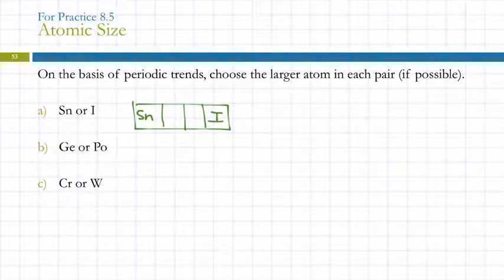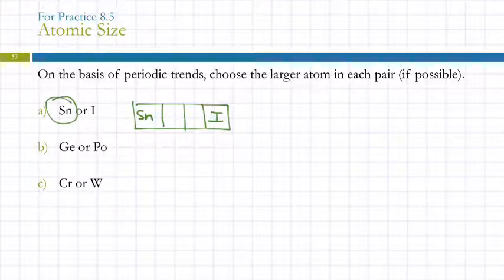Well, you would think that iodine would be bigger because it's got a larger mass, it's got more protons, it's got more electrons. But it's smaller. Valence electrons are more attracted because it has a higher effective nuclear charge than tin. And that higher charge pulls the electrons in tighter. So it makes it smaller. So tin is larger. He's getting it. It's awesome. It's fun when it makes sense.